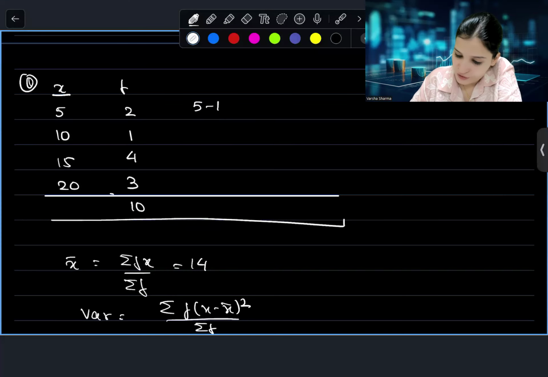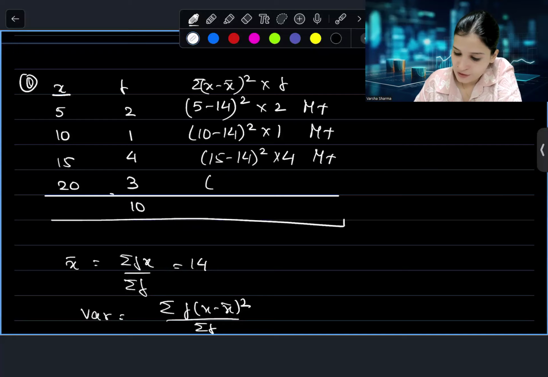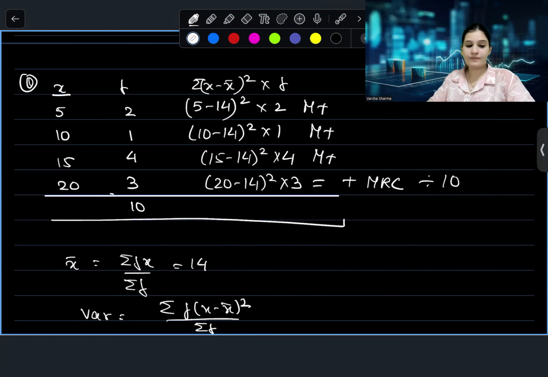So, 5 minus 14 whole square into f, M plus. 10 minus 14 whole square into 1, M plus. 15 minus 14 whole square into 4, M plus. 20 minus 14 whole square into 3, equal, plus MRC, divided by the sum of the frequency. 29.